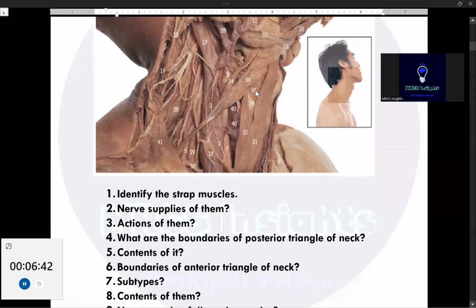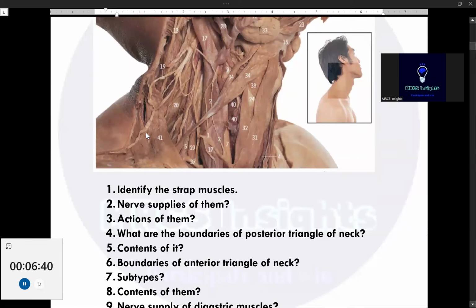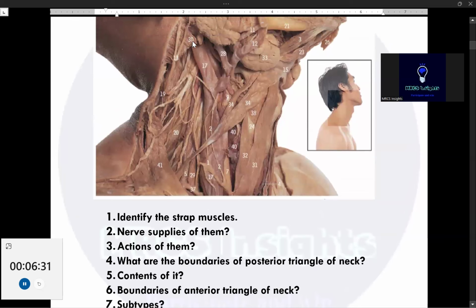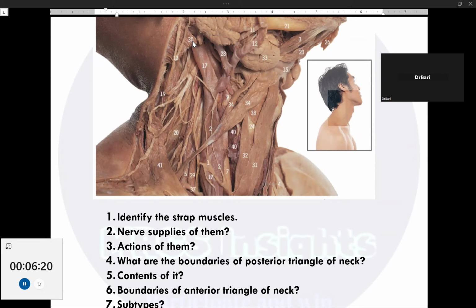Now tell me, what is number 41 here? 41 here is trapezius. And what is 30? That is the sternocleidomastoid muscle. Now tell me the boundary of the posterior triangle of the neck. Anteriorly the posterior border of the sternocleidomastoid, posteriorly the anterior border of the trapezius, inferiorly the medial third of the clavicle, and superiorly the mastoid process.